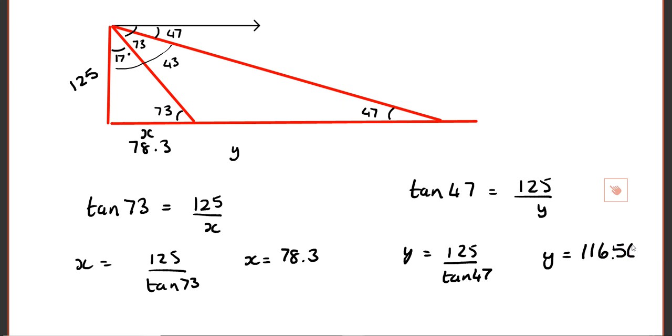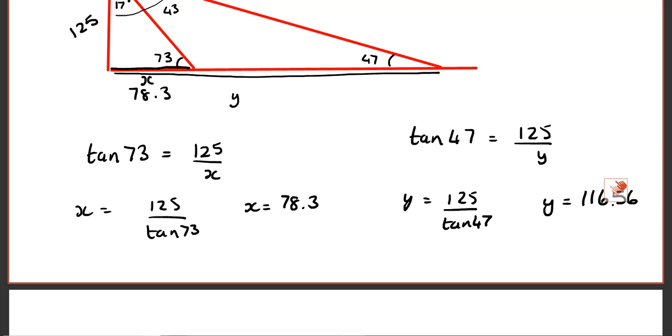Oh, I just mixed them. No, it's not. I've worked out this as x, then I've worked out this as y. And my final thing to do is to say 116.56 minus the 78.3.